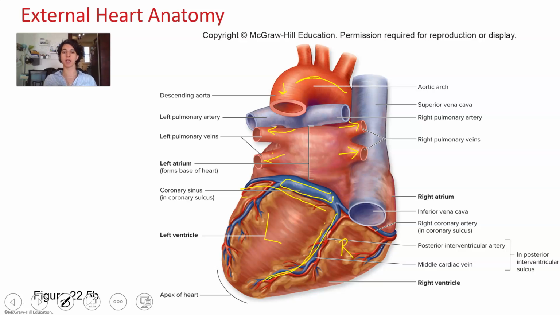Here we have the coronary sinus that drains deoxygenated blood from the heart and dumps it into, can you guess? It's going to dump it into the right atrium. So the right atrium right here, superior to the right ventricle, separated by the coronary sulcus, is going to receive oxygen-poor blood, both from the inferior and superior vena cava, and then from the coronary sinus.